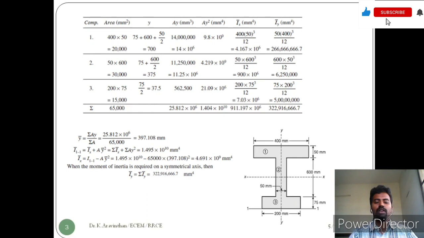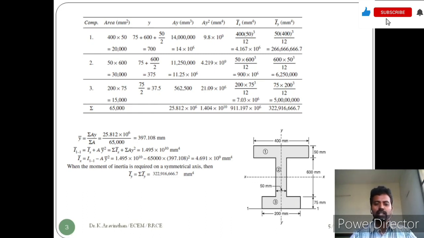Right now in this problem we have found the moment of inertia of the I section along the y-axis as well as the x-axis. By this answer you can observe that the moment of inertia along the x-axis is large and along the y-axis is lesser.